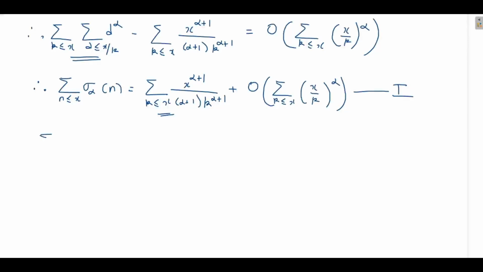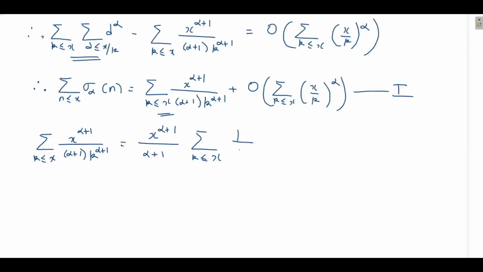So summation k less than or equal to x, x raised to alpha plus 1 upon alpha plus 1 times k raised to alpha plus 1. This will be equal to, let's take out the constants. So you will get x raised to alpha plus 1 upon alpha plus 1 times summation k less than or equal to x, 1 by k raised to alpha plus 1. This is what we have.